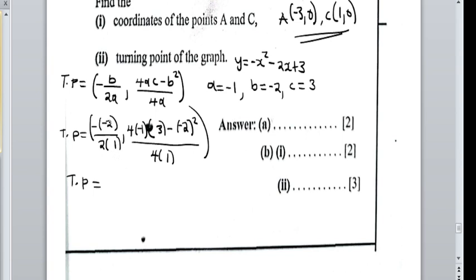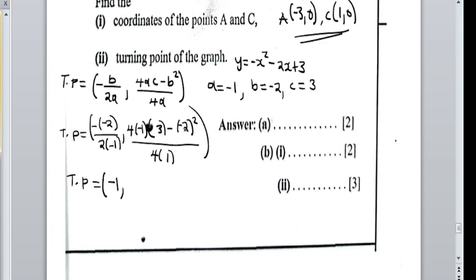So negative, negative. So 2 divided by 2, negative times negative is positive. Then 2 times -1 is -2. So this will give us -1, comma. Then how do you simplify that? 4 times -1 times 3 is -12.